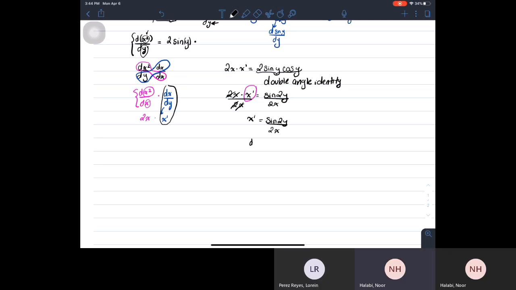So dx over dy is equal to sine 2y over 2x. I think this is the answer. Can you please check with your worksheet? Number 9: dx over dy equals sine 2y over 2x. Perfect. We got it.